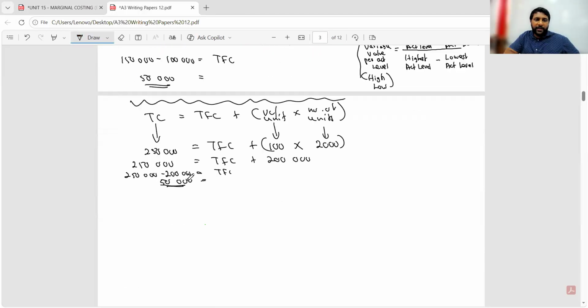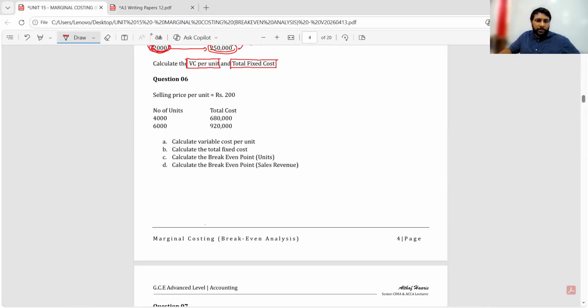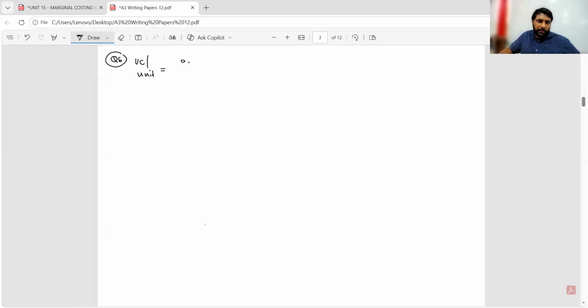First find the variable cost per unit, people. Variable cost per unit equals 920 minus 680.